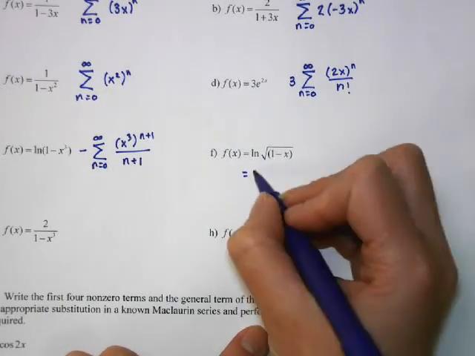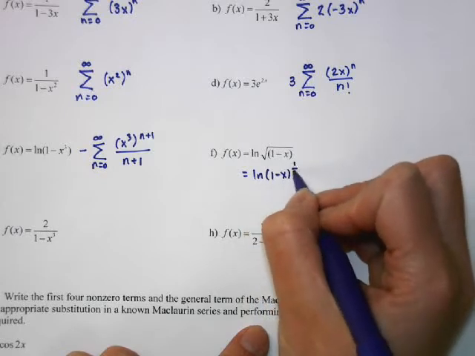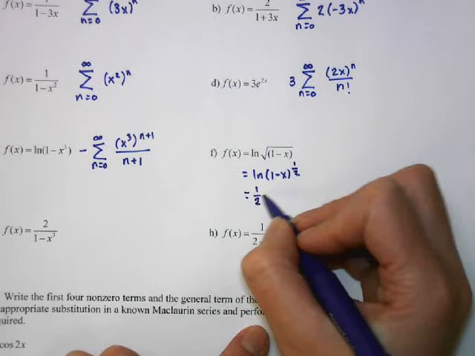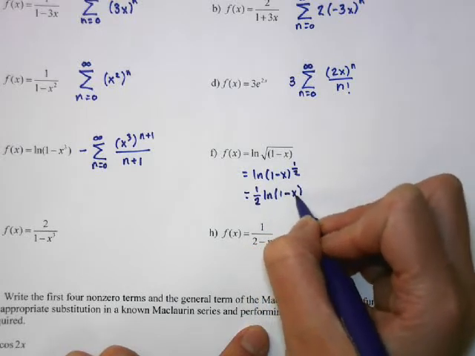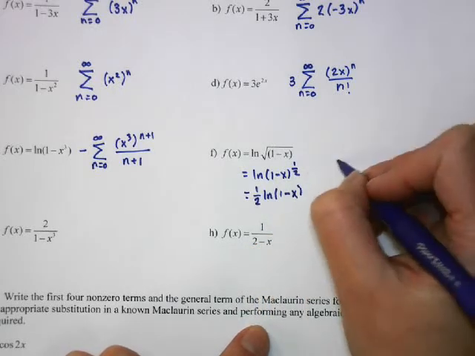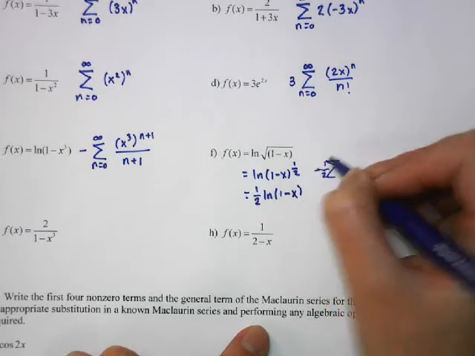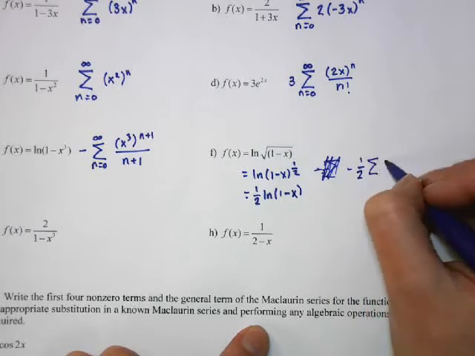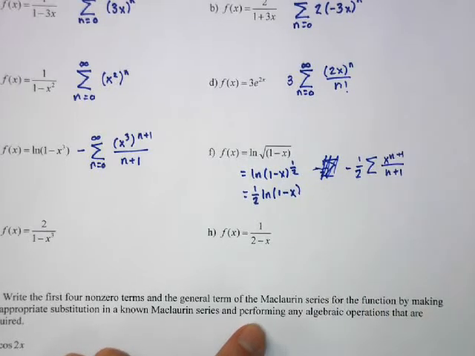Here, I can rewrite this as natural log 1 minus x to the 1/2, and then use the log rule for powers to bring that out front. So then I can write this one as negative 1/2 times x to the n plus 1 over n plus 1.